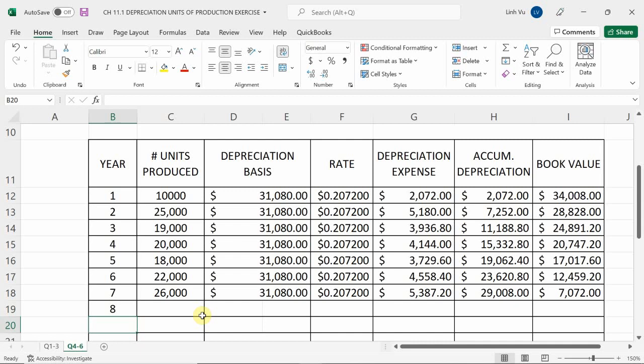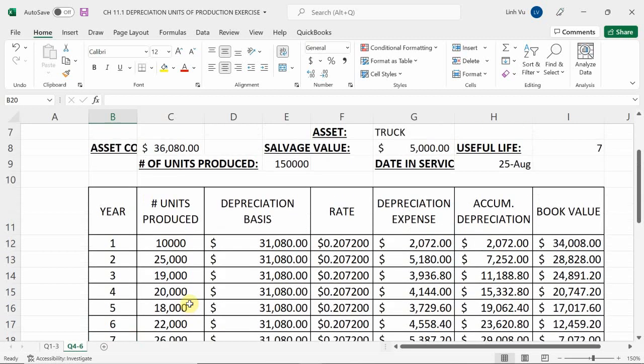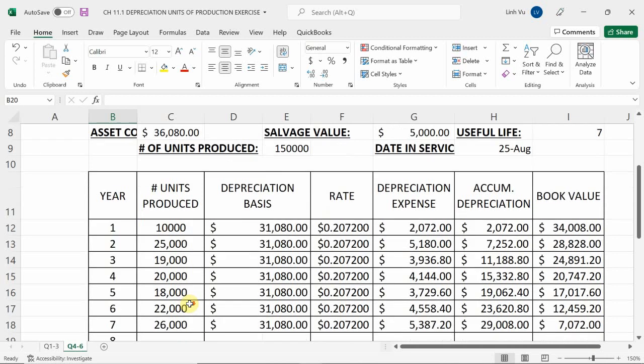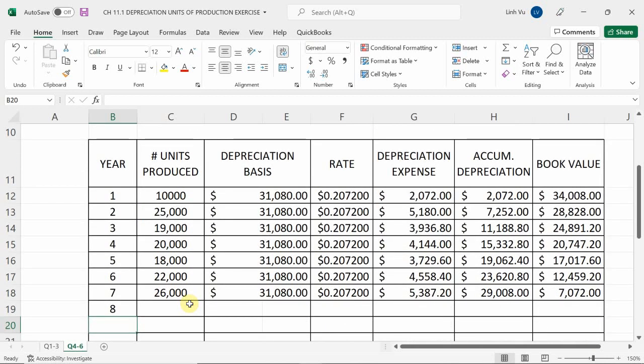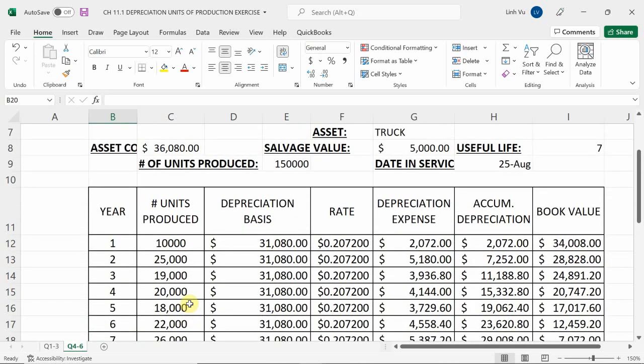But what else? How old is my asset? It is 7 years. That's how many years we depreciated it. But how old is it really?